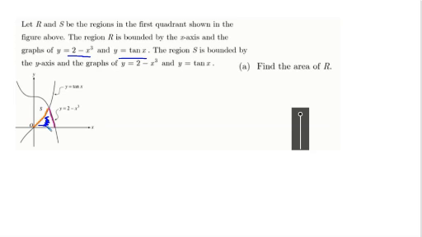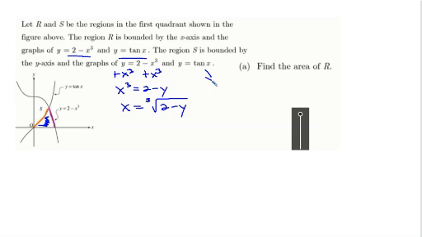What I have to do, though, is I have to solve this one for x. So I'm going to add x cubed. So that leads me to x cubed equals 2 minus y. So x equals the cube root of 2 minus y.